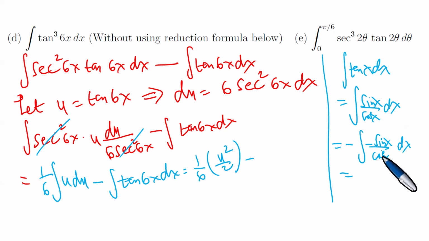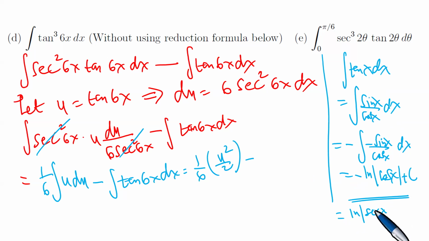The derivative of the cosine is negative sine, but we put minus minus here to quickly derive the formula for the integral of the tangent of 10x. Negative negative is plus. The derivative of the cosine is minus sine. So the integral of the tangent is minus the ln of that, but you can write it as the ln of the secant of x plus c, because it's like 1 over cosine.